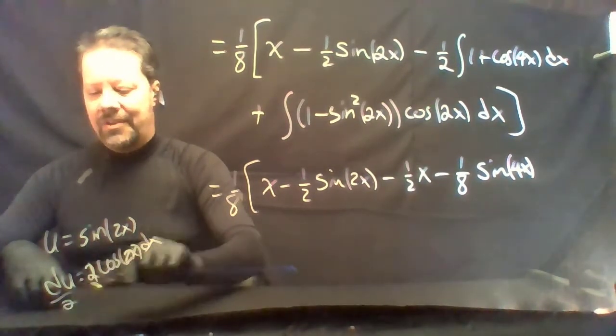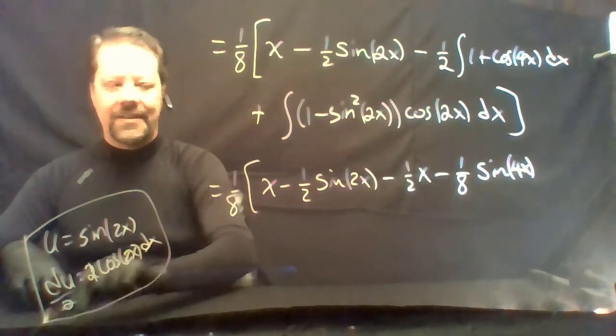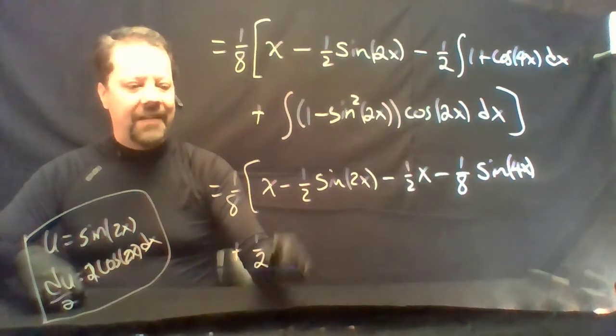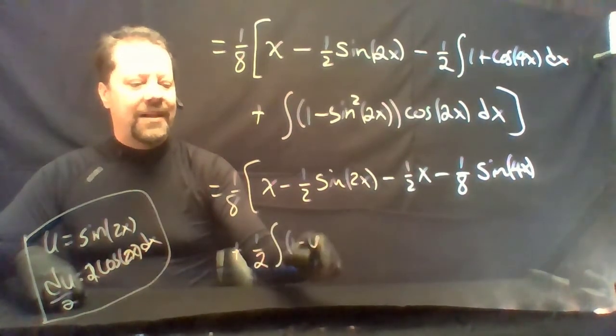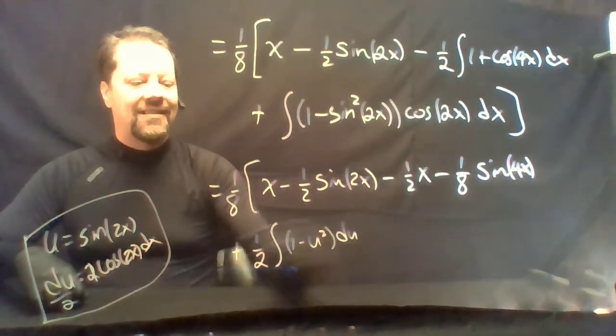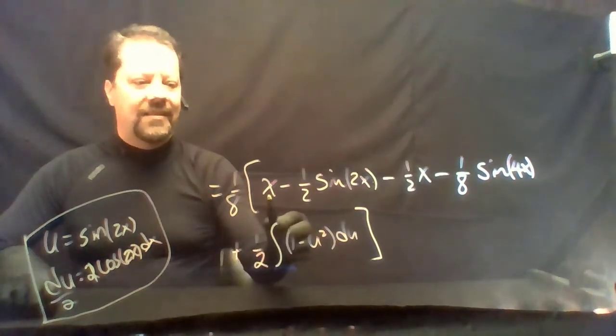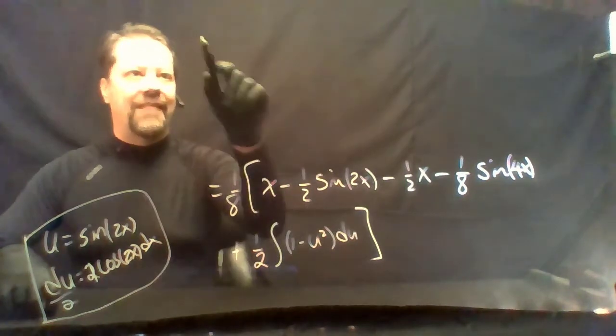We'll have this 2 divided off onto the other side. And so that gives us plus 1/2 the integral of 1 minus u squared du, close bracket.